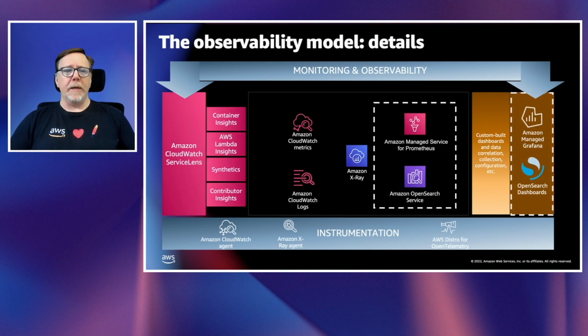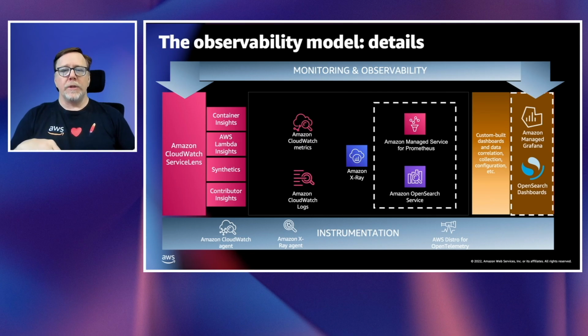Peeling back the onion just a tiny bit, we have a number of our different technologies here. So on the instrumentation side, we have our CloudWatch agent, we have an X-Ray agent, we have AWS Distro for OpenTelemetry. We also have FluentBit that enables you, again, to pull in those data sources and start to work with them. Of course, if we have data in CloudWatch, there's Amazon CloudWatch ServiceLens that enables you to get Container Insights, Lambda Insights, a bunch of Contributor Insights, and other synthetic kind of data.